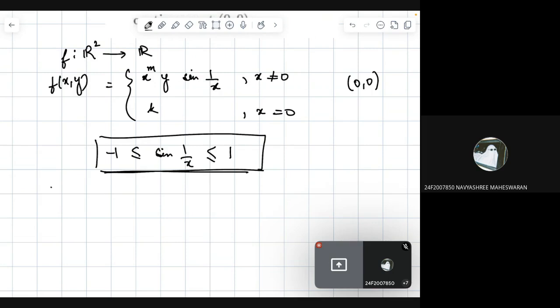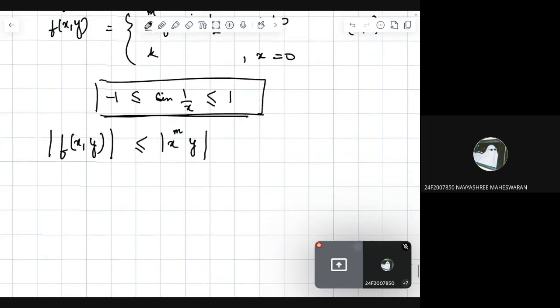So mod of f(x,y) is less than or equal to mod of x to the power m y.